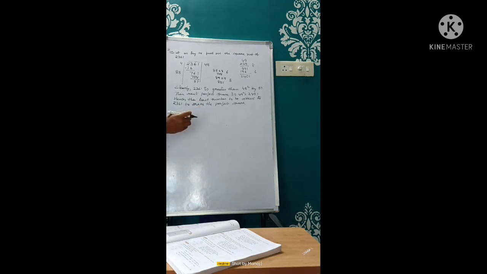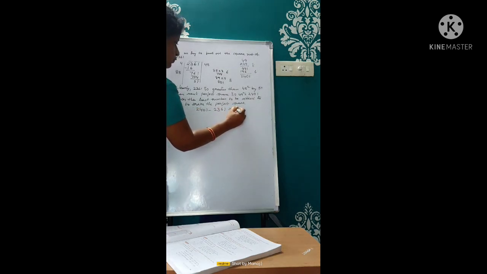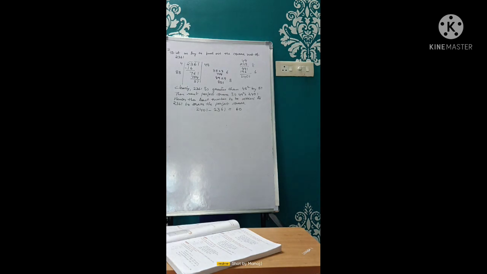So find out the difference between this and this. 2401 minus 2361 equals 40. 10 minus 6, 4. Okay, 40.